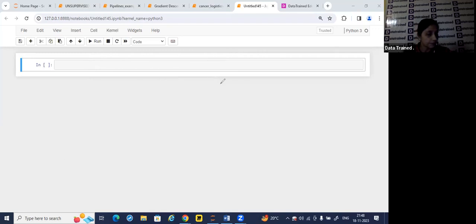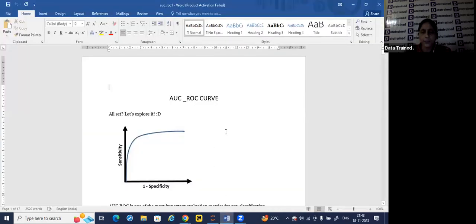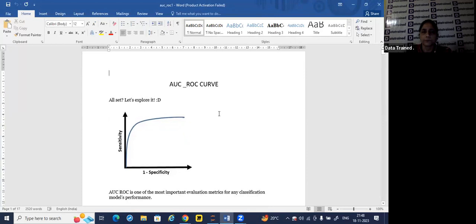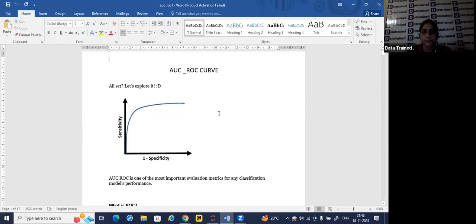So you can see here the AUC ROC curves. This one is the AUC ROC curve.